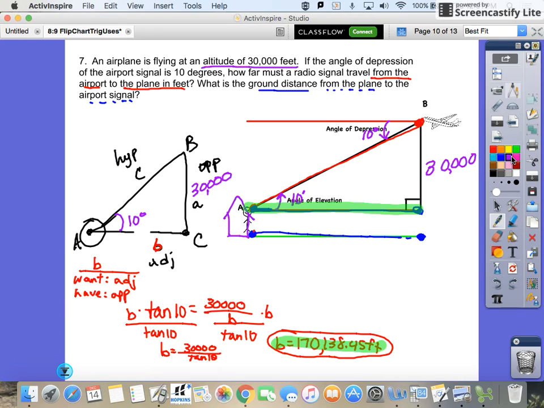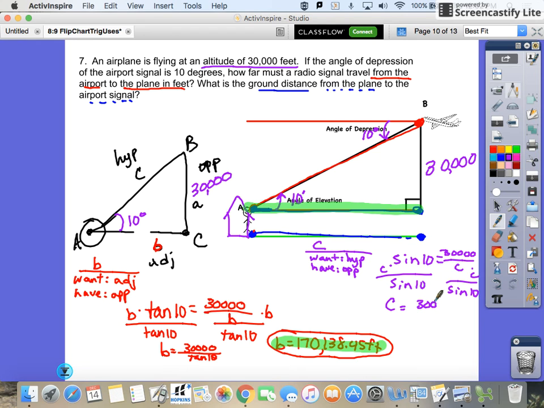Now the next thing we needed to find was C, which is how far the radio tower is. So in that case, what we want is the height, and what we have is still the opposite. Opposite and hypotenuse is sine, so sine of 10 equals the opposite over the hypotenuse. If you multiply by C on both sides and then divide by sine of 10, what you'll end up with is C equals 30,000 divided by the sine of 10.